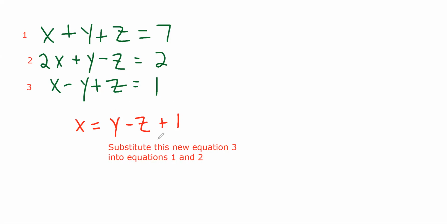So I'm going to take this y minus z plus 1, I'm going to substitute it in for x up here. I'm going to take y minus z plus 1, I'm going to substitute it in for x in equation 2. So equation 1 is going to become, instead of x, y minus z plus 1 plus y plus z equals 7.